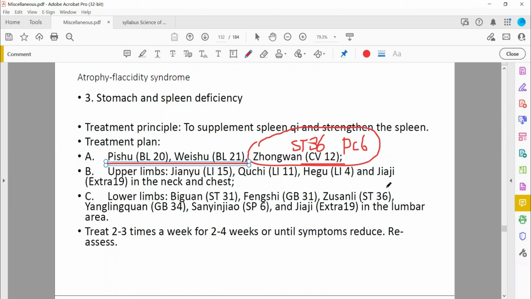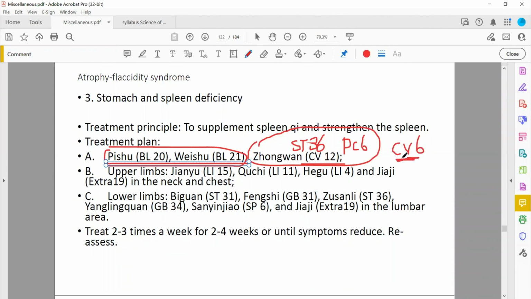Middle jiao, that's the source of qi and blood. So we tonify the middle jiao, the spleen and the stomach, for the qi and the blood. Also, because of qi deficiency, which CV point can we use? Yes, CV6.